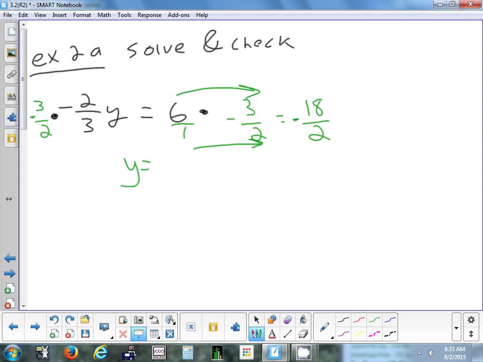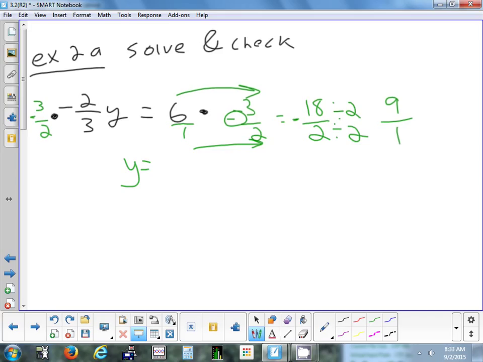So we had a negative 3 over 2 and a positive 6 over 1. Now, Ryan, we can do what you want to do. Simplify. By what number? By 2. Divide by 2, divide by 2. On the top is 9. Bottom is 1.